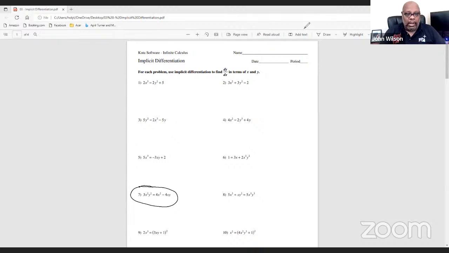Three x squared y squared equals 4x squared minus 4xy. Long problem, pretty straightforward. Good for a test. Okay, write it down so I can do it.